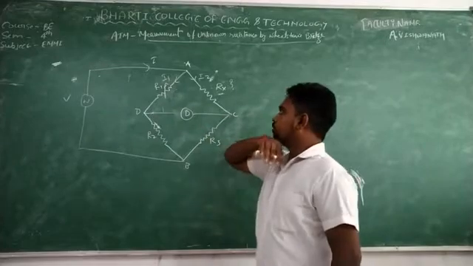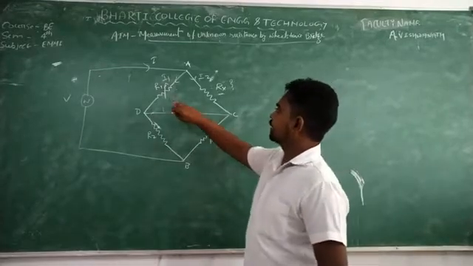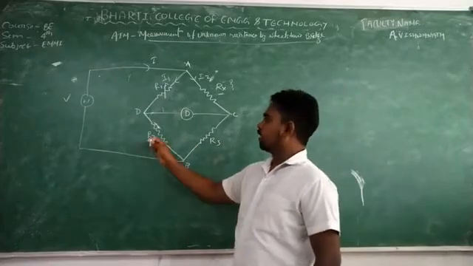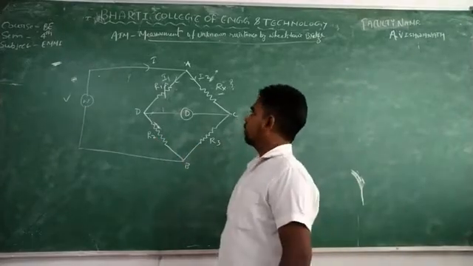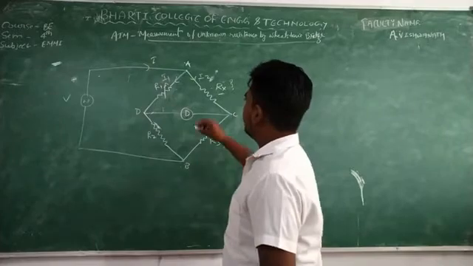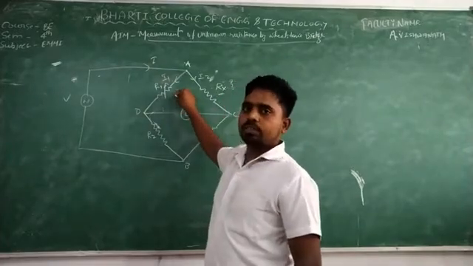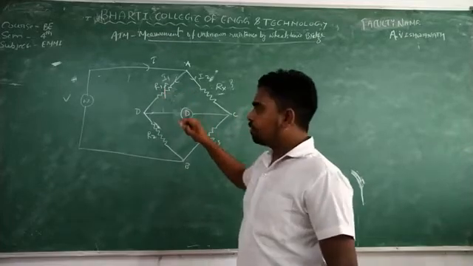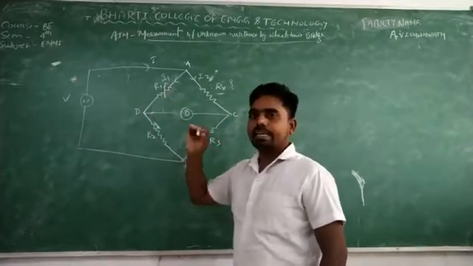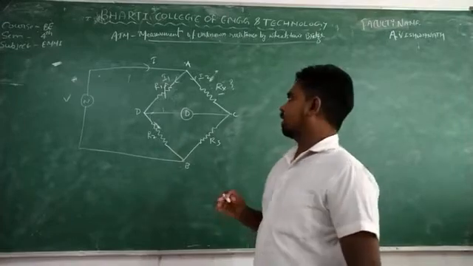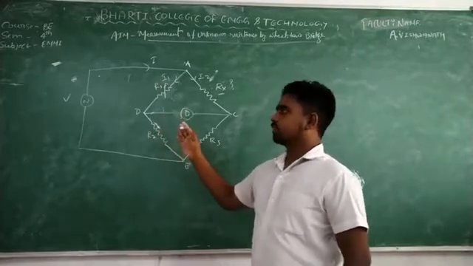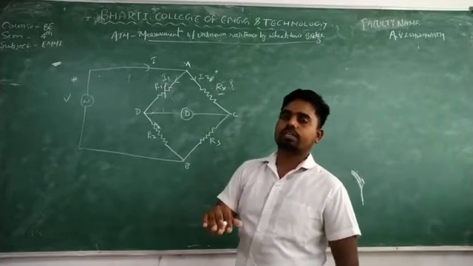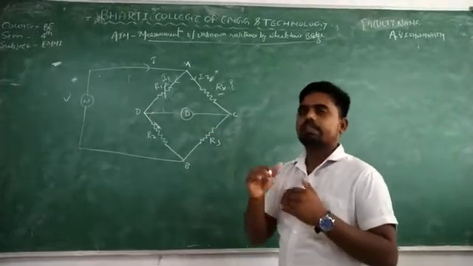Okay, now here is the standard resistance. R2 and R3 are the known value resistances. Now we will vary this resistance R1, and by varying R1 we will try to get the balanced condition. When we see from this detector, we can reach a stable state.